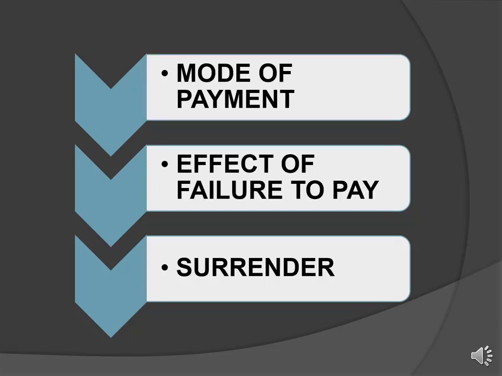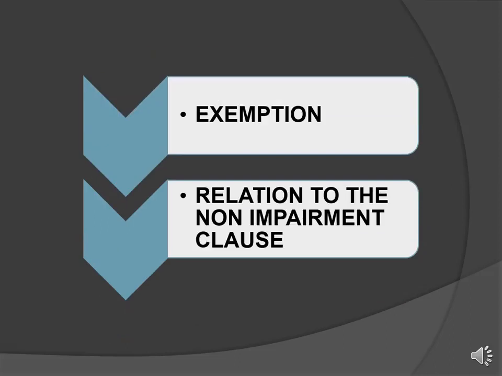It is so because when a license fee is paid, the licensee is authorized to operate certain activities which he could not engage in unless you would have first paid the license fee. Taxes may be subject to exemptions, but license fee are not subject to exemptions. What about relation of the non-impairment clause?